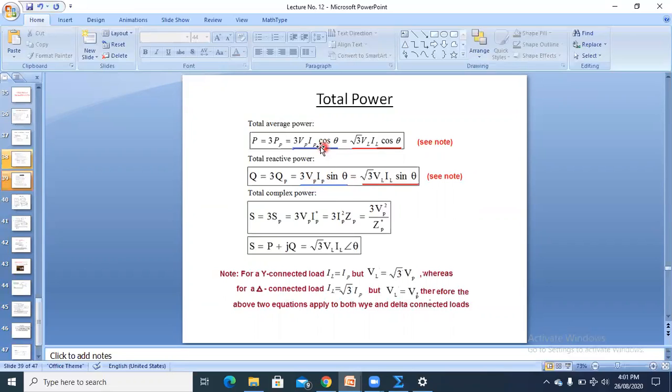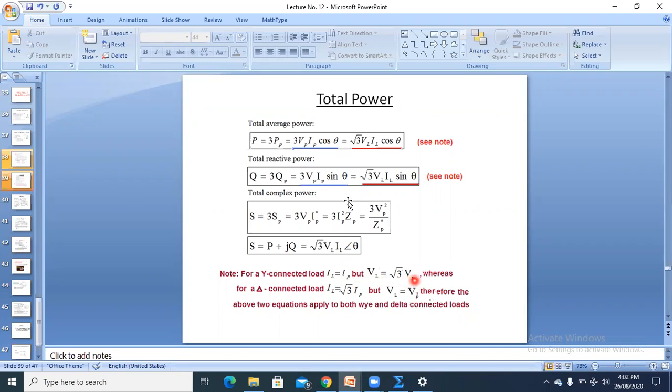Now this is in terms of phase voltage and phase current, and how can we find it in the form of line voltage and line currents? For this, we know the relationship that for a Y-connected system, IL is equal to IP and VL is equal to root 3 Vp.